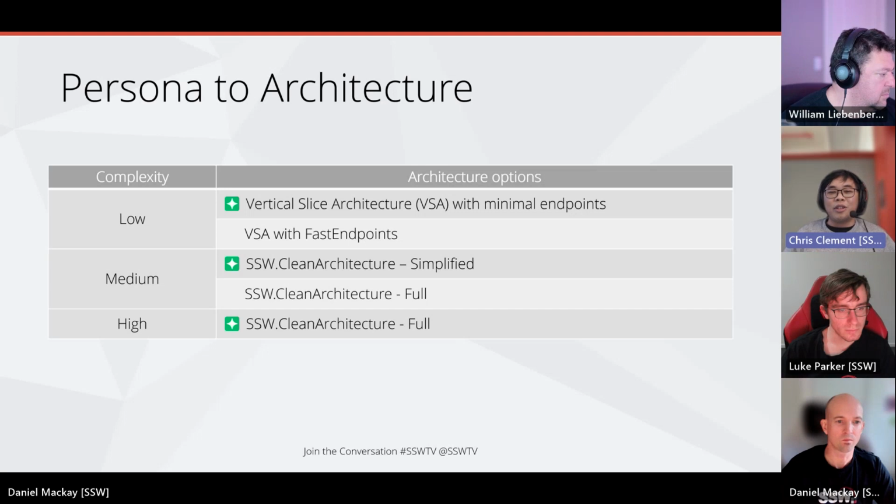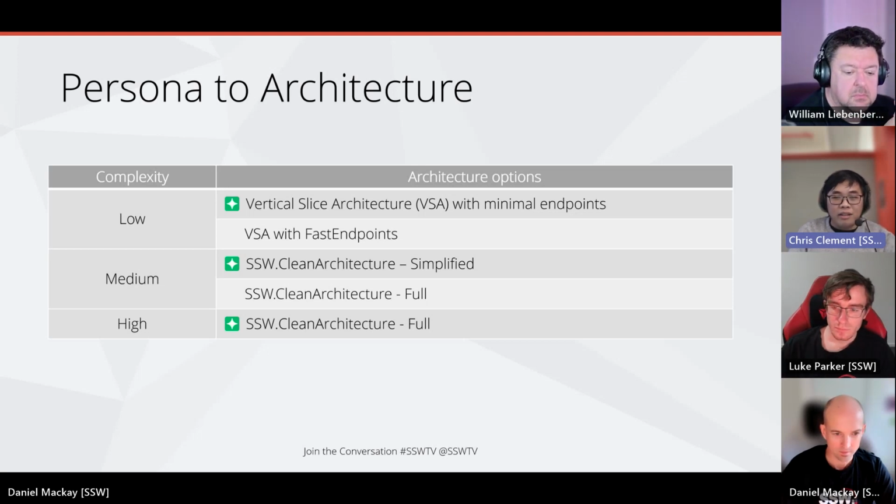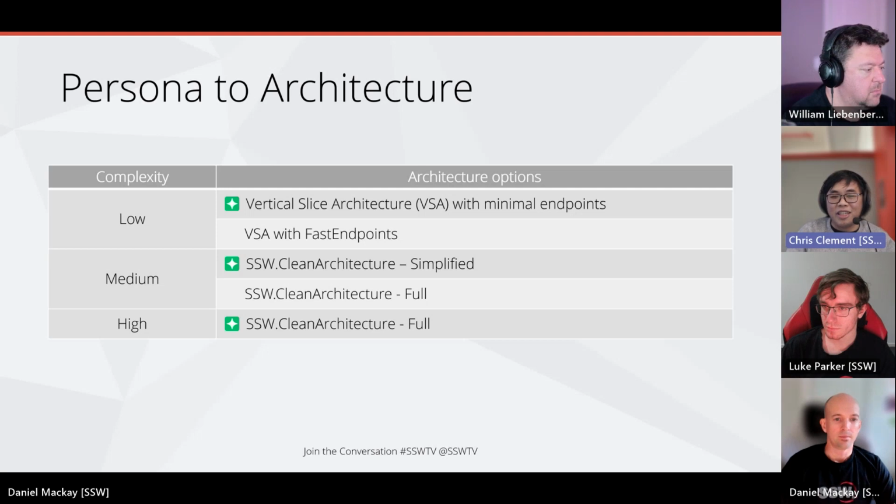Once we decide what kind of persona this project belongs to, there are a couple of architecture options that we recommend. For low complexity, we recommend you start with the vertical slice architecture with minimal endpoints. Then you are not bogged down with the many layers that people often complain about, like "this is too much layering, I don't need this many layers."